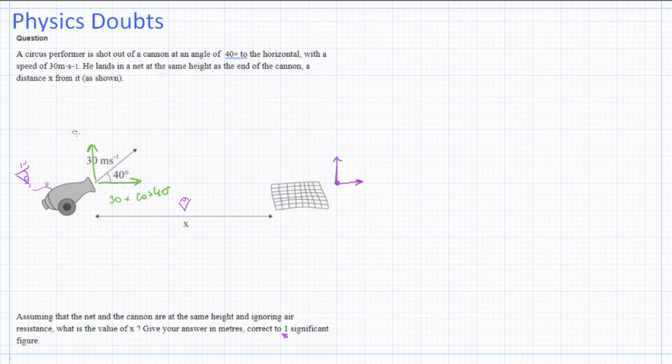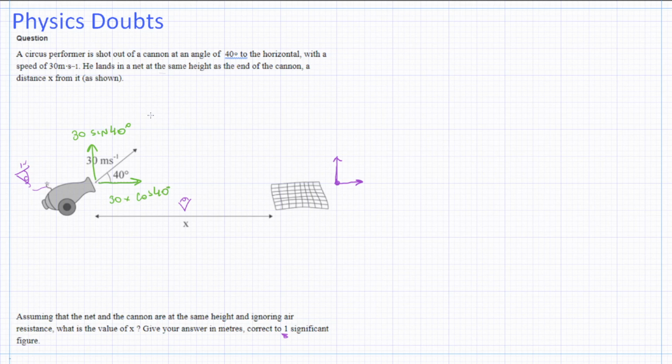And here, 30 times sine of 40 degrees. For now, I am not going to work out those values. I'll just leave them as they are: 30 sine of 40, 30 cosine of 40.